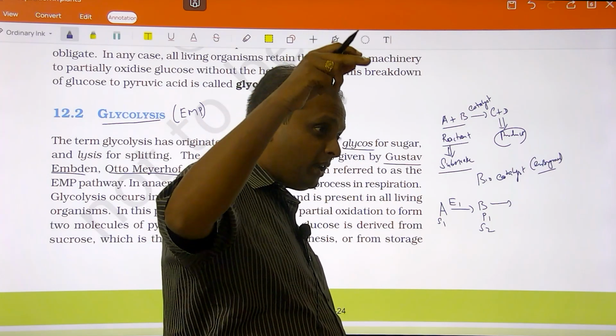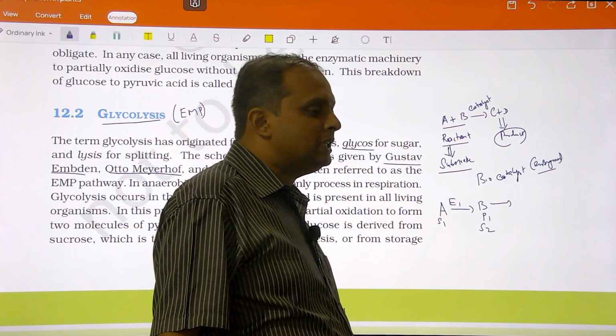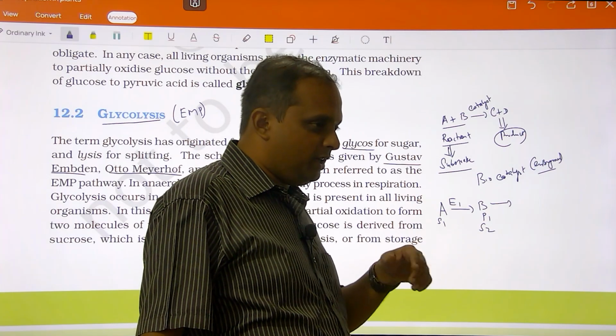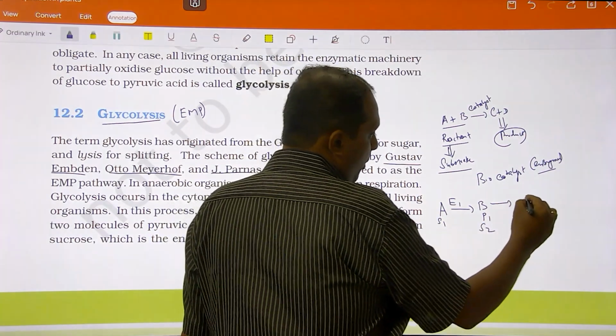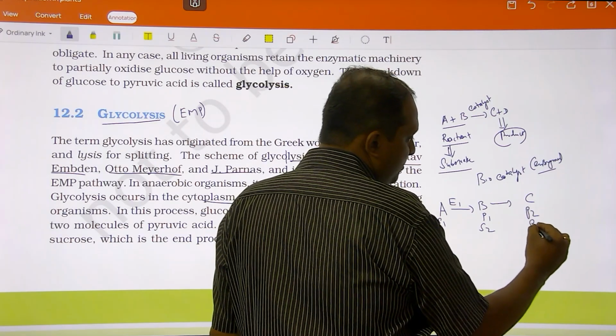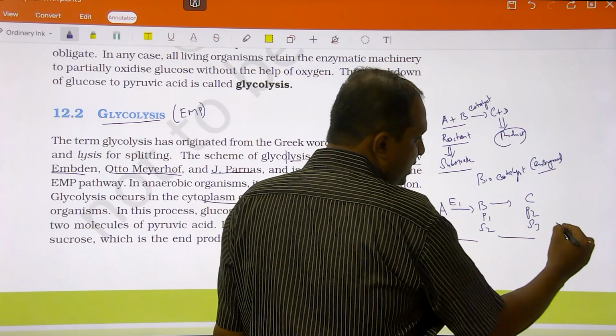Further, you have to go to Chennai, so your destination 1 becomes the starting point 2. Then you probably land up at Kalpakam. From substrate 2 you get C, which is product 2 and becomes substrate 3. So this is one reaction, this is one reaction, this is one reaction.